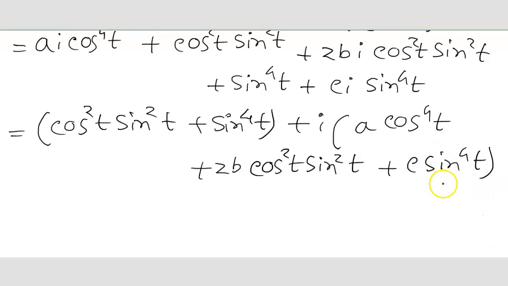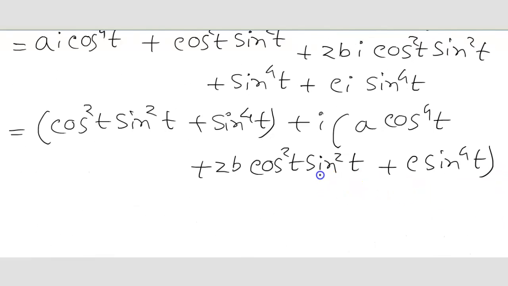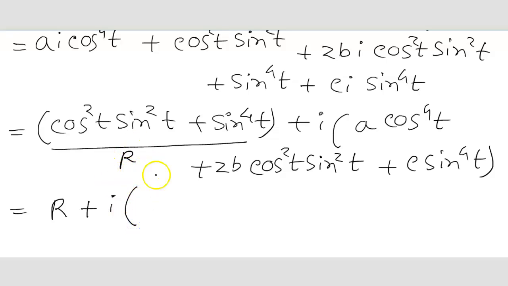Now we will use a simple relation that we found before, relation number 1, that is a plus c equals 2b. If we use this relation, let me write the same r for it.